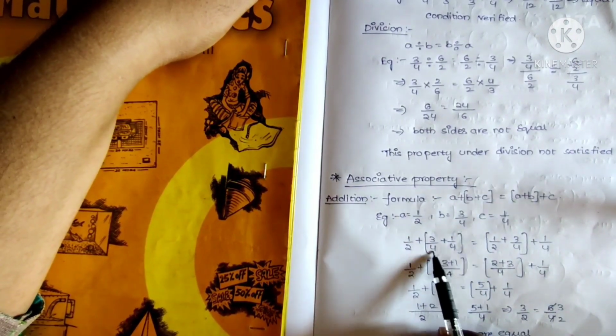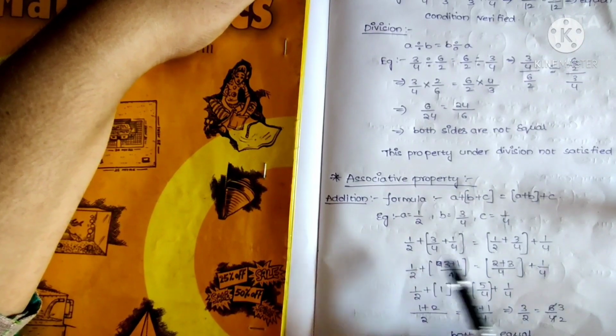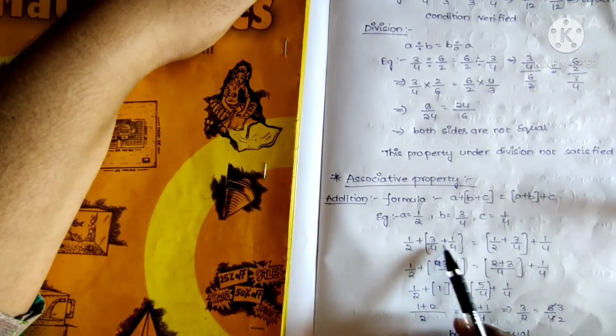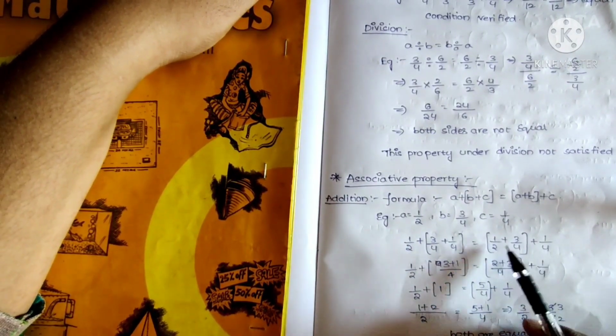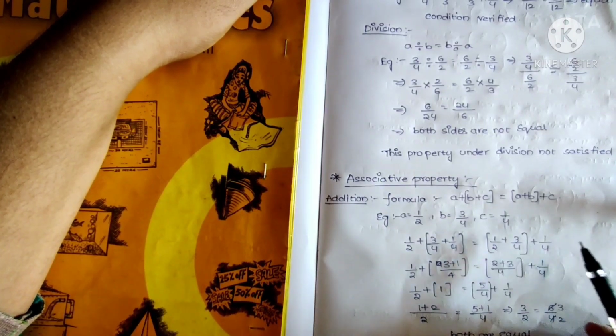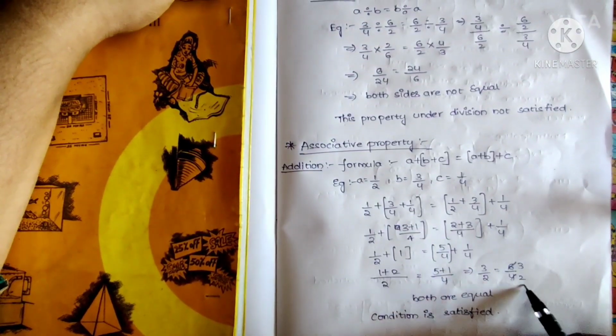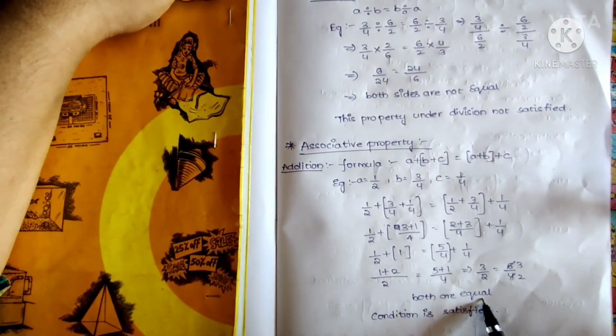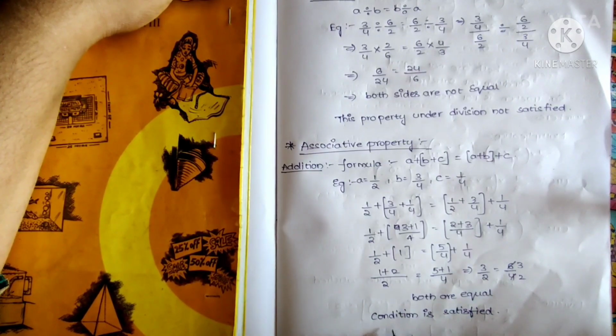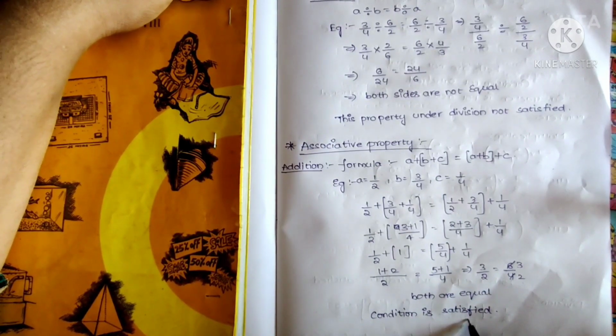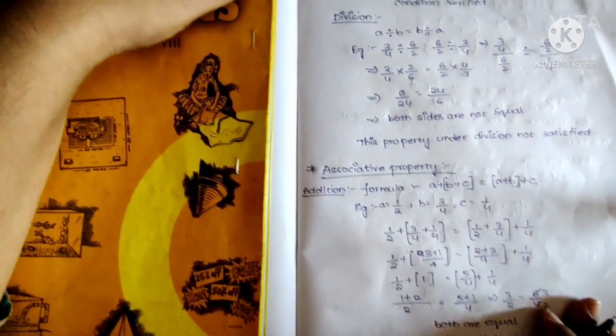Now let us prove LHS equals RHS. 1 by 2 plus 3 by 4 plus 1 by 4 equals 1 by 2 plus 3 by 4 plus 1 by 4. By solving this, we will get 3 by 2 equals 3 by 2. Both LHS and RHS are equal, and here the condition is satisfied. That is, the associative property under addition in rational numbers is satisfied.